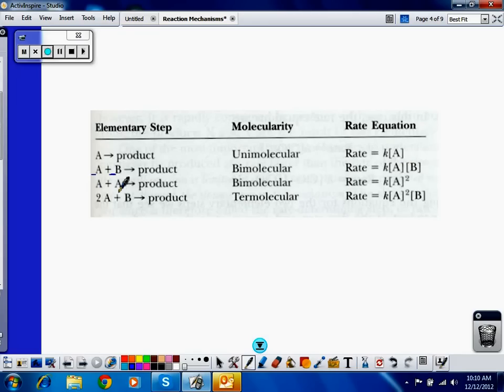So if we look at this where I have two A molecules colliding, I can see that my order is 2 because that would be 2A. And down here in this termolecular step, you can see the orders match the coefficients. But again, that is true only because this is a step in the mechanism and not an overall reaction itself.